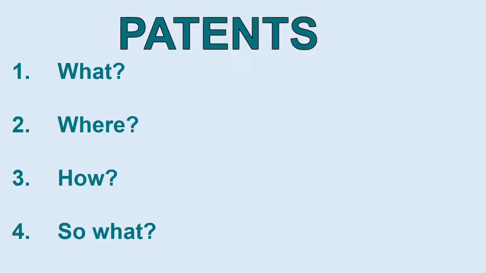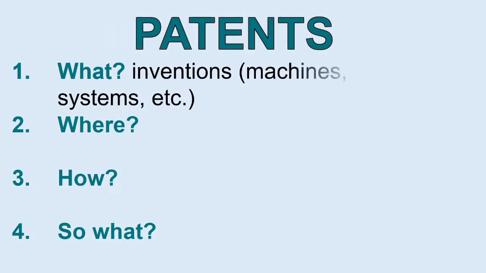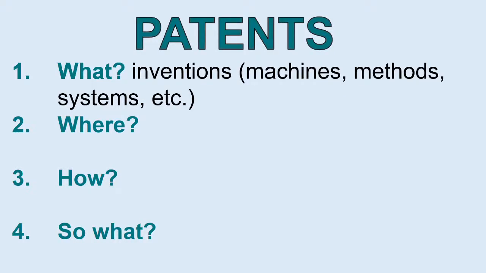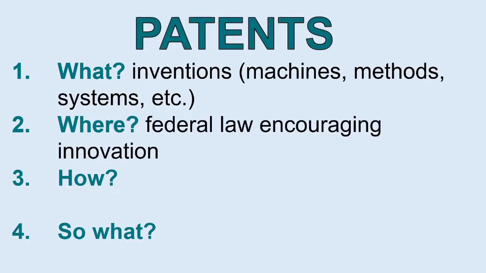Let's talk about patents first. Patents are about inventions. It might be a physical invention, like some kind of a machine or an apparatus, or it might be something a little bit more intangible, like a method or a process. Patents in the United States come from an act of Congress, the Patent Act. In American history, there's been a variety of patent acts over the years. It's been revised and changed a bunch of times.